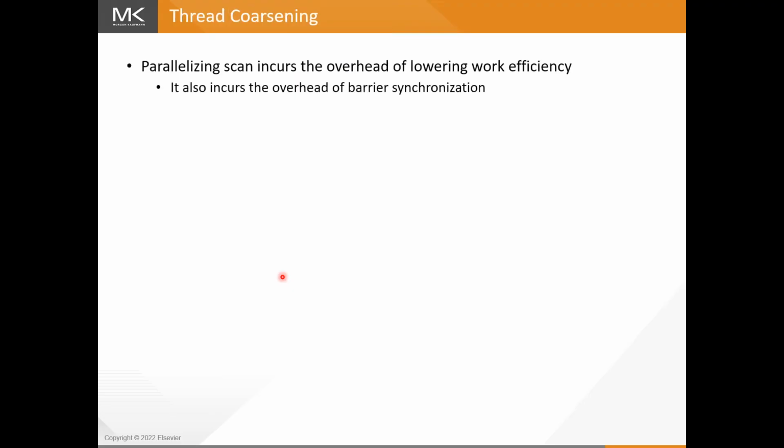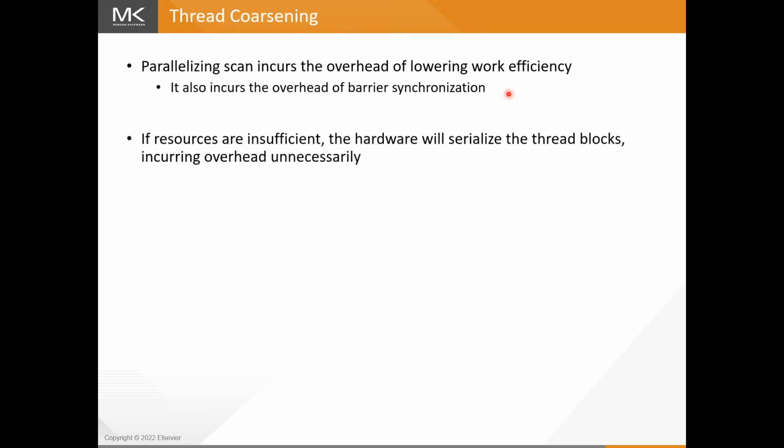So here we said that parallelization incurs the overhead of lowering the work efficiency. We also have the barrier synchronizations that we incur between the different steps when we parallelize. So if the resources are insufficient and the hardware is actually serializing these thread blocks, then the work inefficiency and all that synchronization, just like we saw in reduction, but reduction is not work inefficient.